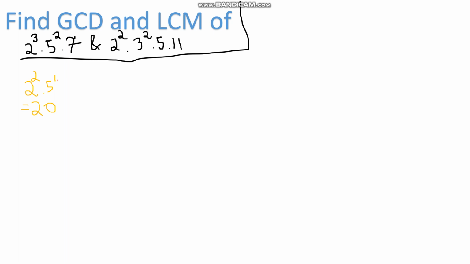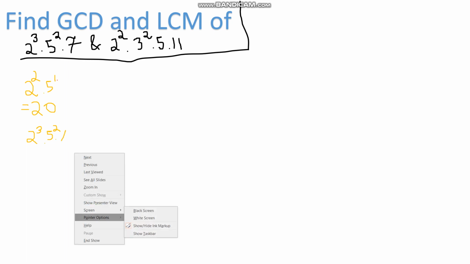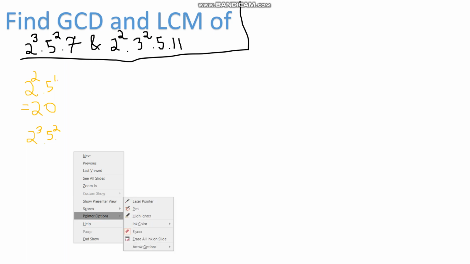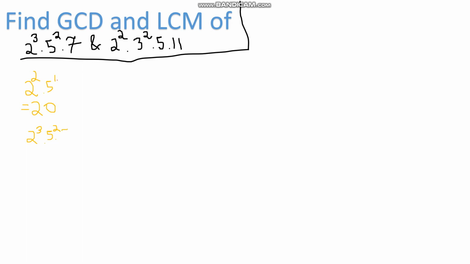For the LCM, just write the highest power of everything. Write the highest powers. 5 times 2 times 7, this will be 7, then we have 3 squared here, then another 11.